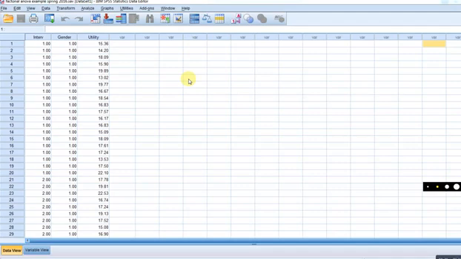In other words, you can address the question of whether the relationship between one of the categorical independent variables and the dependent variable varies across levels of the other. So in this illustration, I'm going to show you how to carry out a two-way factorial ANOVA. When I say two-way, I'm referring to the fact that we have two independent variables.